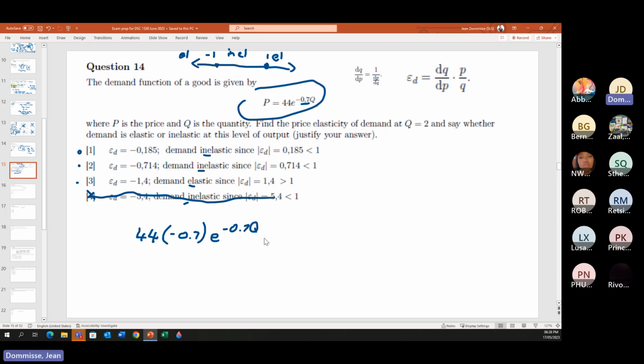Wait, they give us Q, so we can remember, when you look at, I think we did it last week, when we looked at differentiation and those kind of things with the E, what happens with it.